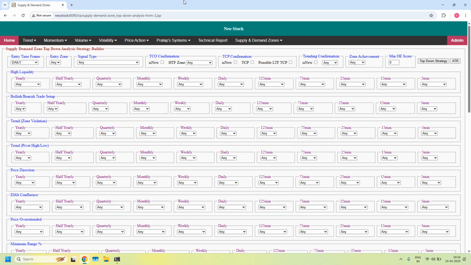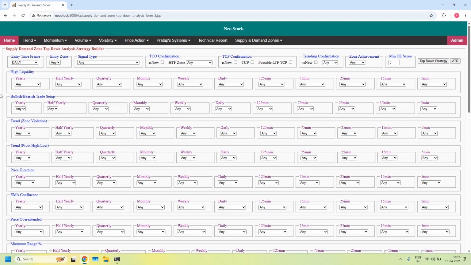Okay, now I'm going to generate different supply demand zone reports with the help of NeoStock Software Supply Demand Zone Top-Down Analysis Strategy Builder. I'm going to use this feature.